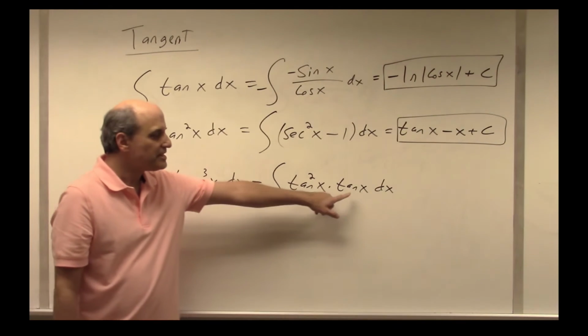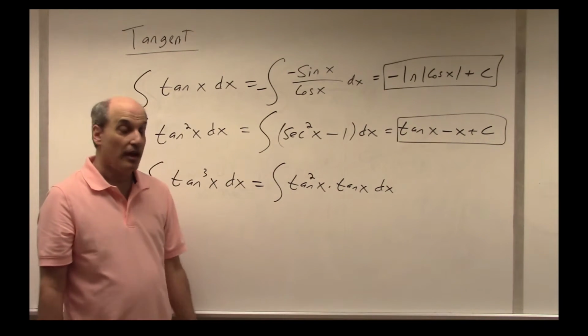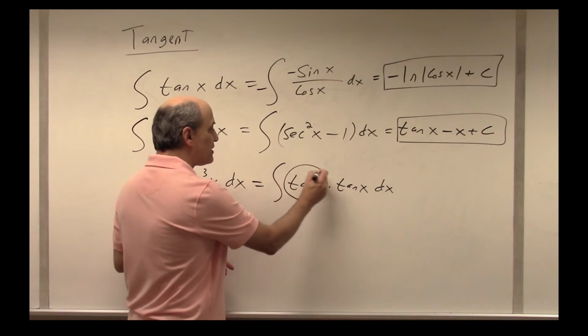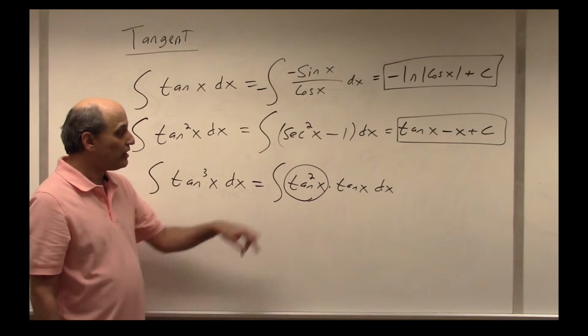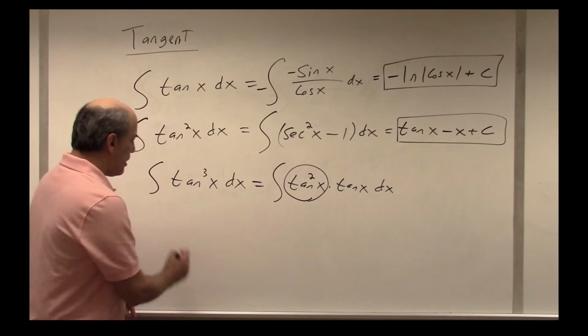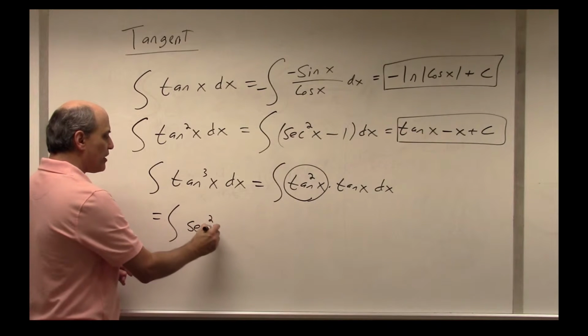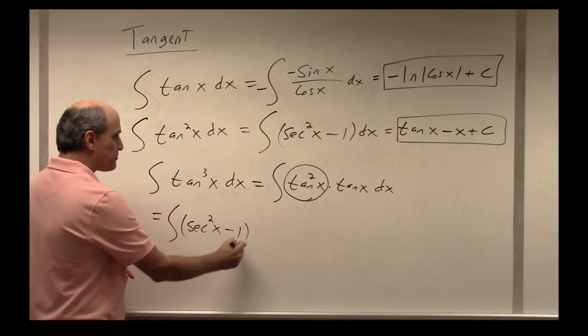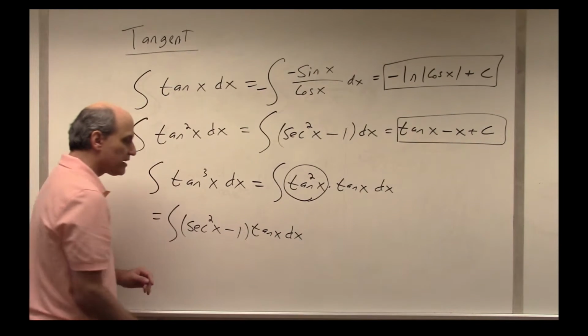That is, I'm saving a tangent, so I have it for my du. Now I have to change everything that's left over to secant, but as we mentioned just a little while ago, tangent squared is just secant squared minus 1. So this is the integral of secant squared of x minus 1 times tangent of x dx.